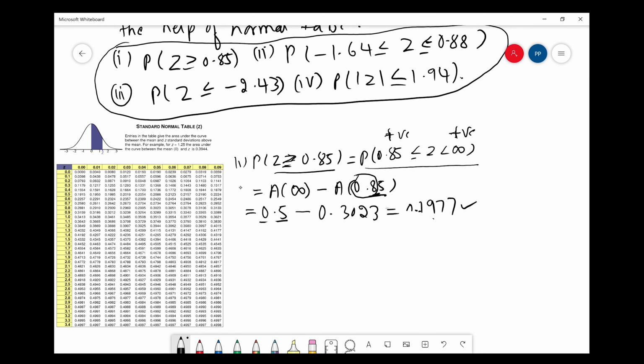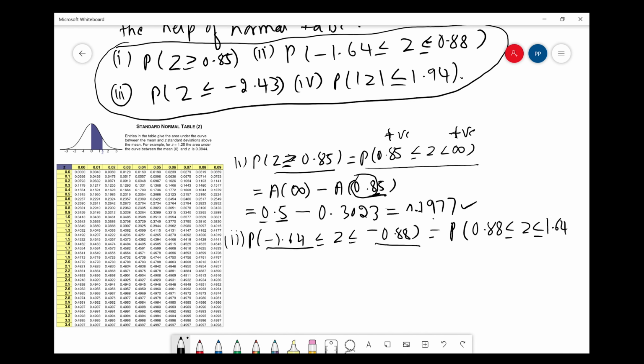Now we find P of minus 1.64 less than or equal to z less than or equal to minus 0.88. So it is a negative interval. Here we have to consider the corresponding positive counterpart, P of 0.88 less than or equal to z less than or equal to 1.64.